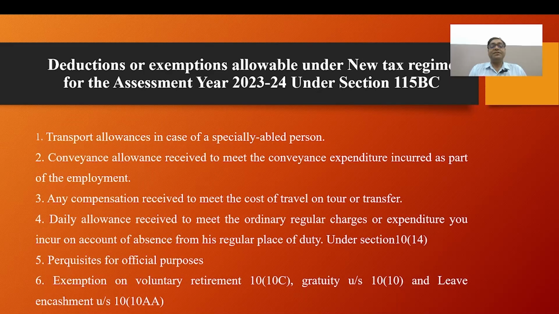Any compensation received to meet the cost of travel, tour and transfer is conveyance allowance. Suppose a person doing a job in the government sector or some private sectors is transferred from one place to another. They provide the conveyance amount as per norms.